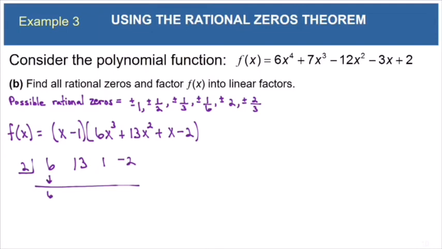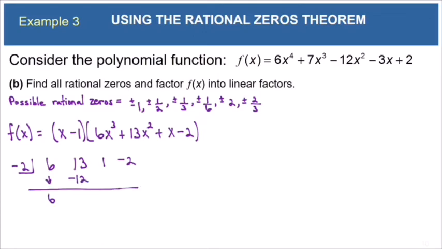So going through the synthetic division process again, pull down, multiply, add, multiply, add, multiply, add, and we see that positive 2 is also not a 0 of this expression. So now I'll go back and try again with negative 2. If the negative 2 doesn't work, I'll have to start trying it with fractions, but let's see what happens here.